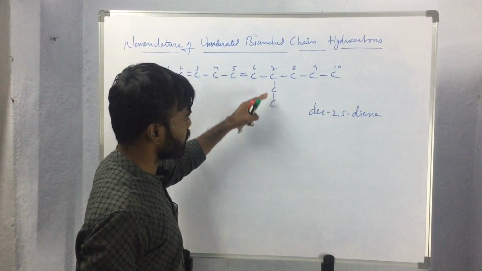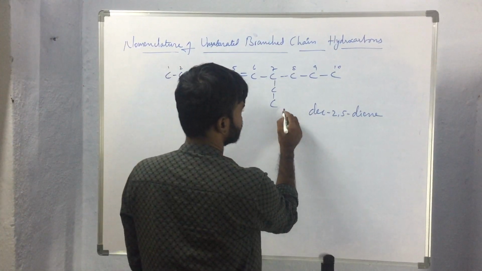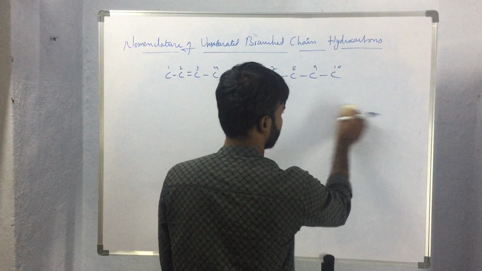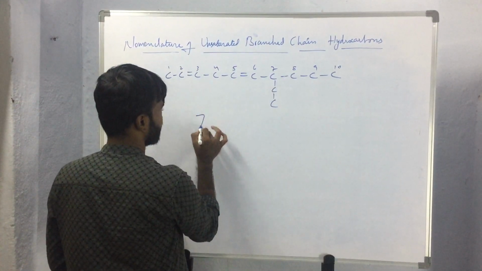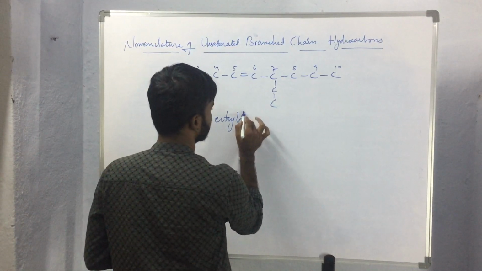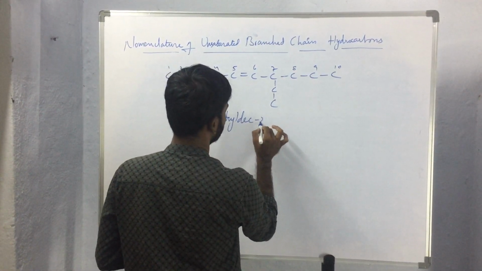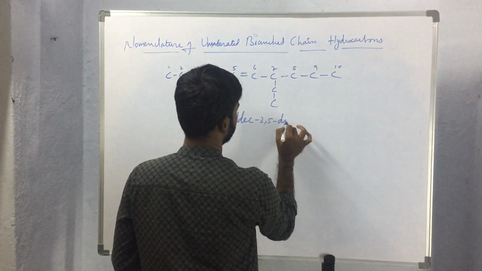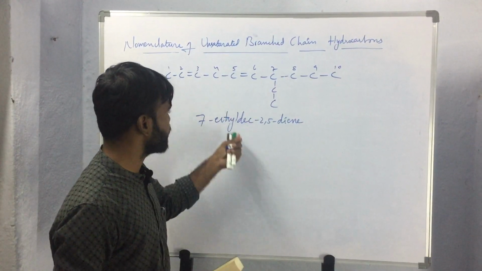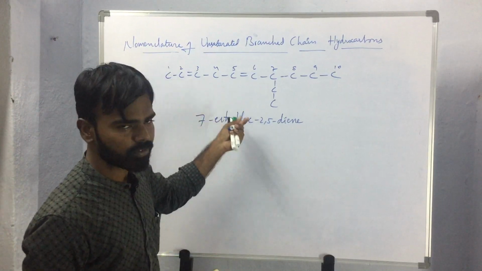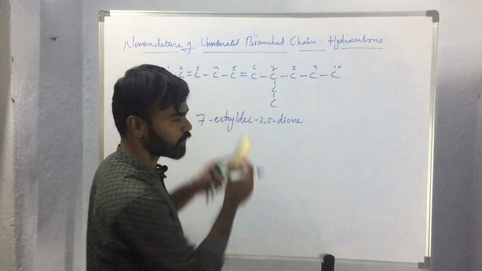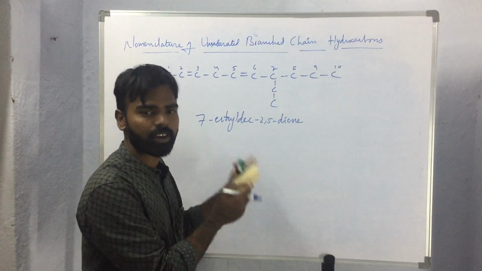And on the seventh carbon atom we have ethyl substitution, so the name of the compound will be 7-ethyl dec 2,5 diene. So like this we will be giving names to the compounds that are having multiple unsaturations, if those multiple unsaturations are of the same kind of unsaturations.